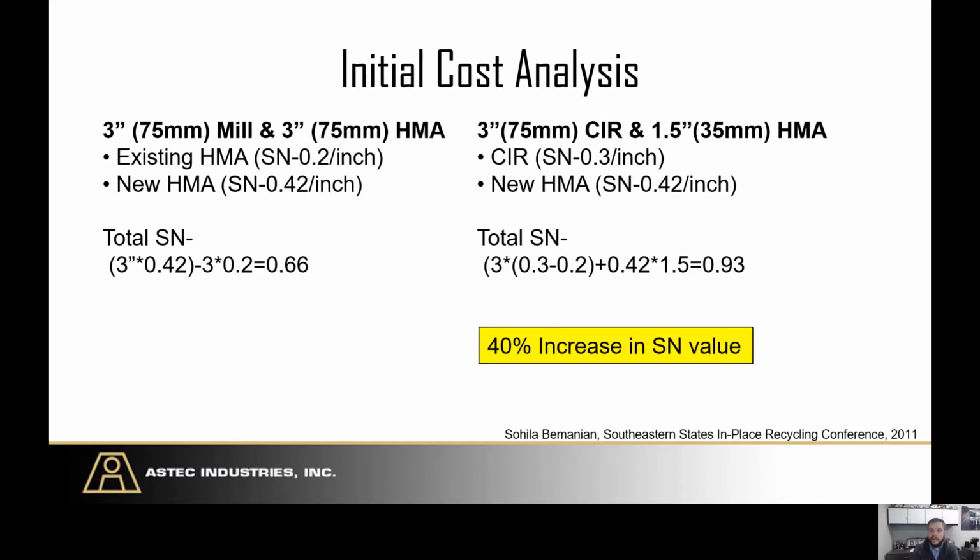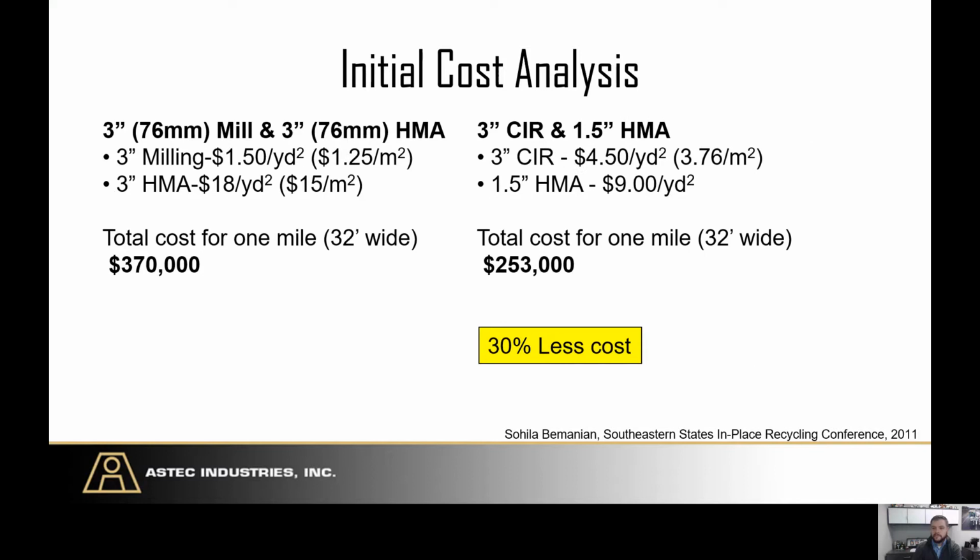So looking at that, if you were to compare similar processes, CIR versus a mill and fill, for example, you get a 40% increase in structural number value with the hot mix layer there.